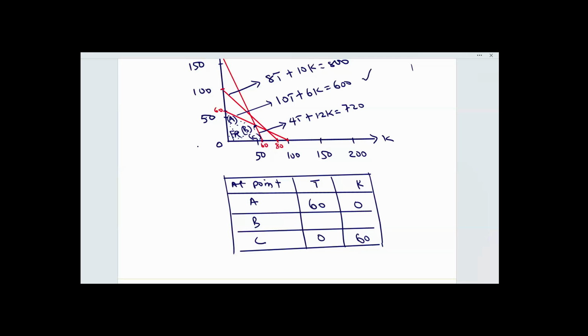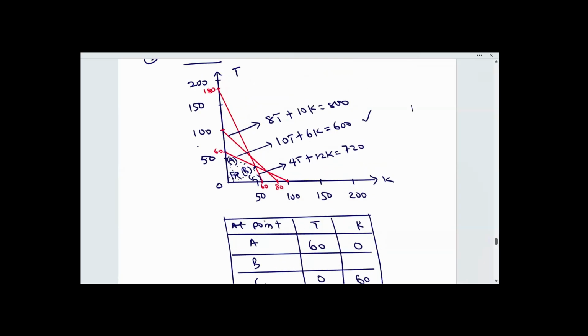Then at point B, there is another equation that went up, this one that went to 180 and then 60. That's the third equation.